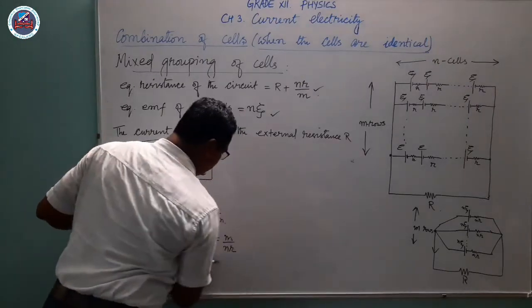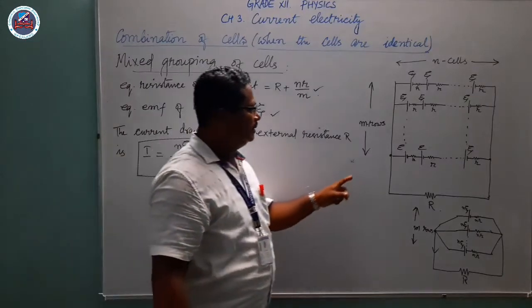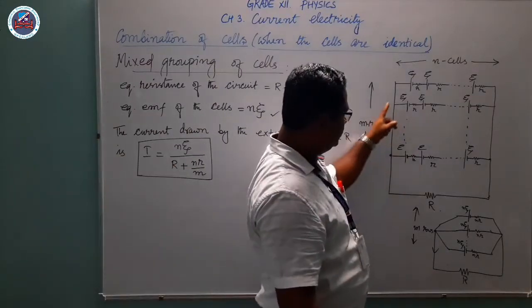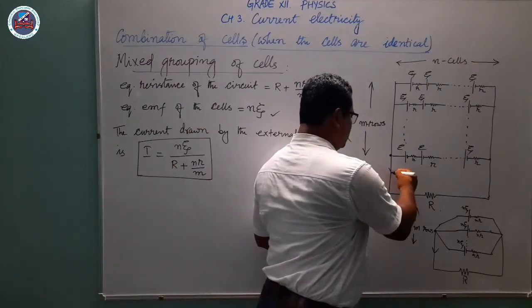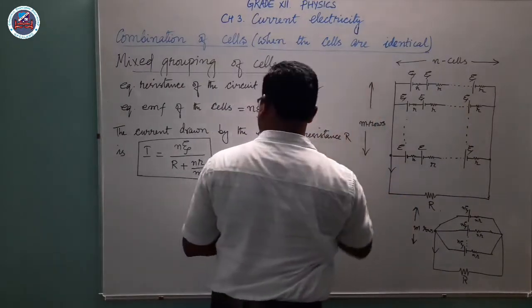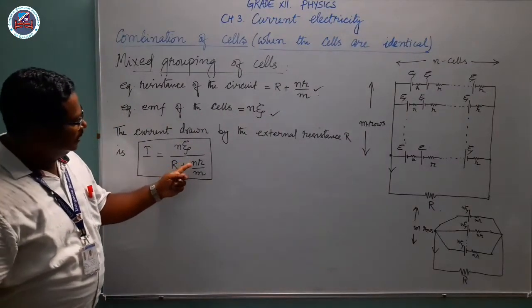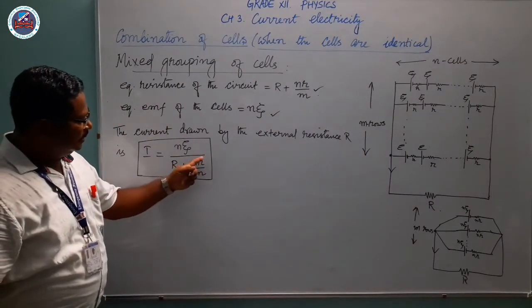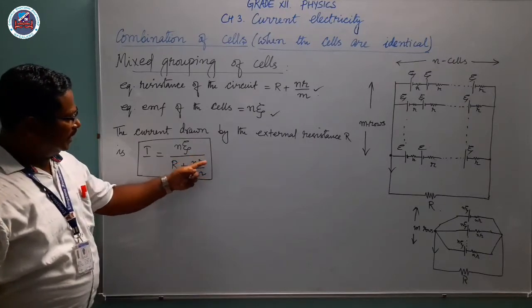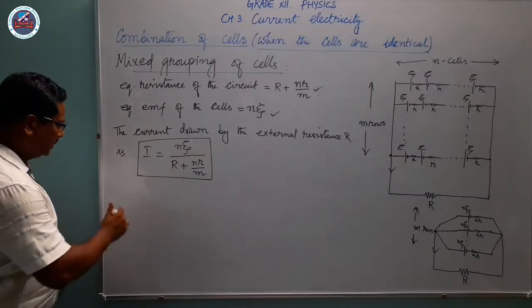Here one point to be noted: if you do mixed grouping of cells, then the current that we can draw is maximum if, this is the condition you have to know, the equivalent internal resistance and the external resistance are both equal.